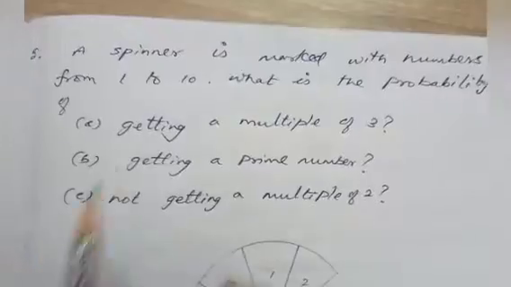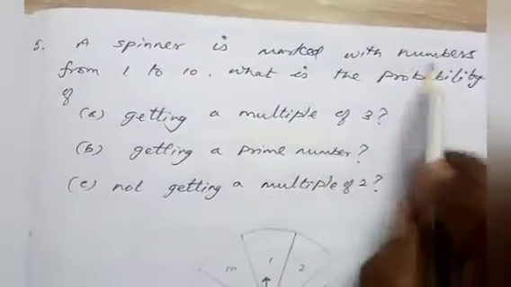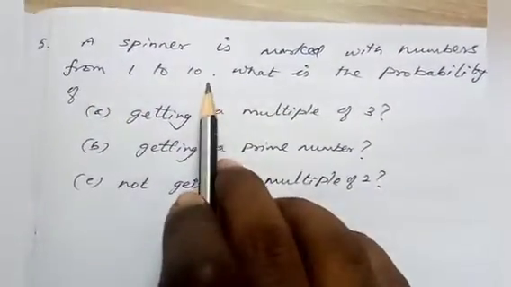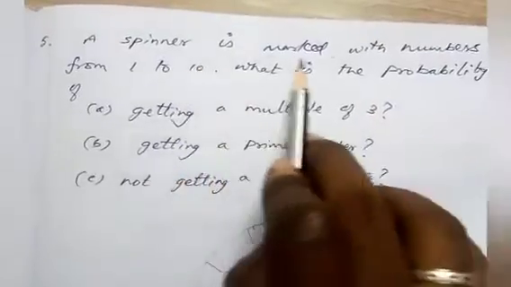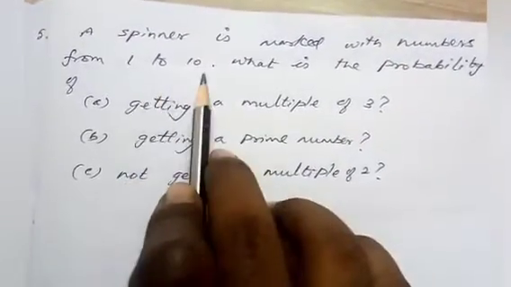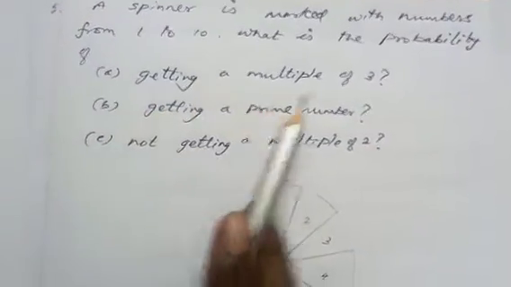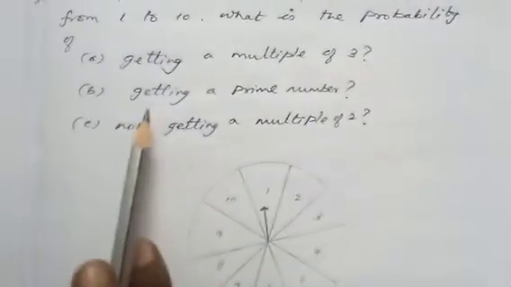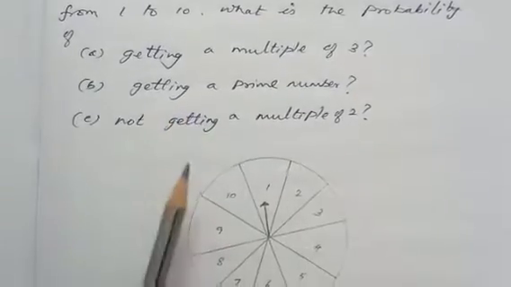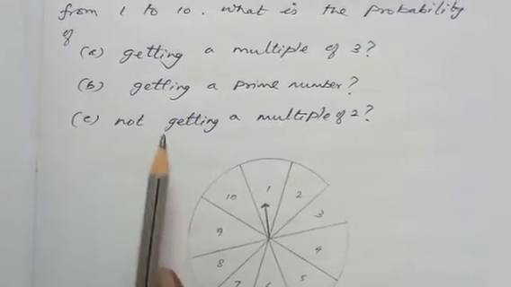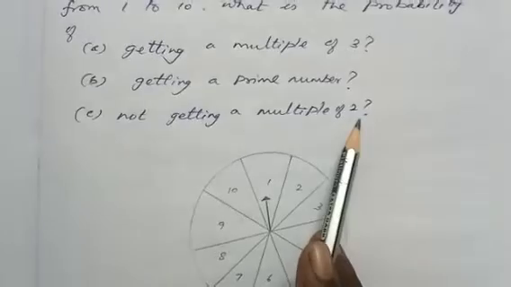The next question is a spinner is marked with the numbers from 1 to 10. What is the probability of, the first question, getting a multiple of 3, the second one, getting a prime number, and the third question, not getting a multiple of 2.